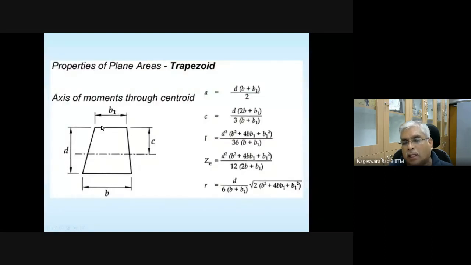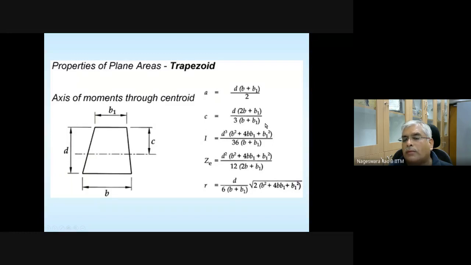Just take a note of this one. If you have a trapezium like this, and the dimensions are shown here, the distance between the parallel sides is small d, and one of the parallel sides is B1, another parallel side is B. In that case, the centroidal distance, the distance of the centroid from the top edge, denoted with C, is given by this formula.